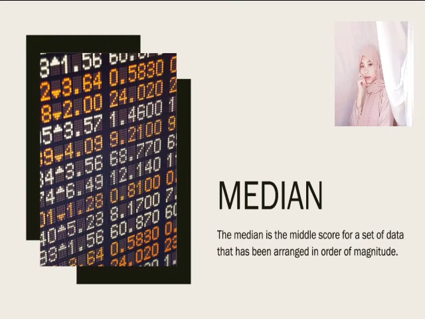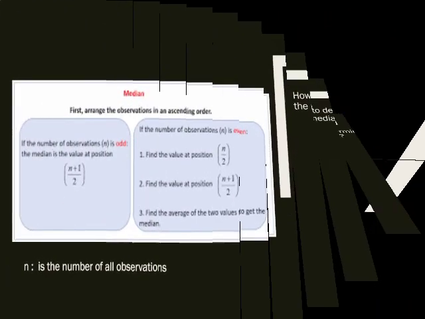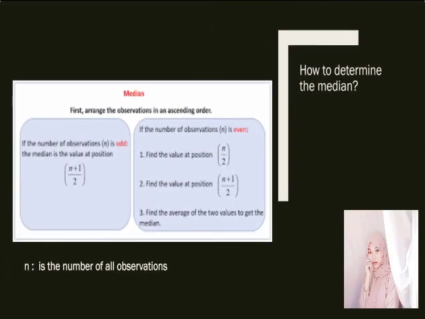Next we have the median, which is the middle value of the dataset. Thus it separates the data into a lower half and an upper half. The next is how to determine the median. First, arrange the observations in ascending order, and there are 2 kinds of median according to the number of observations.